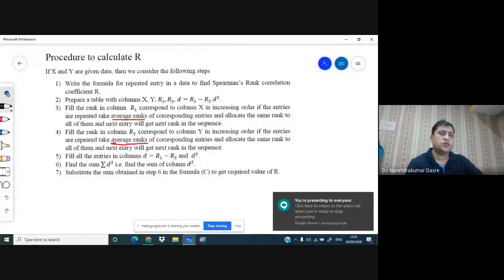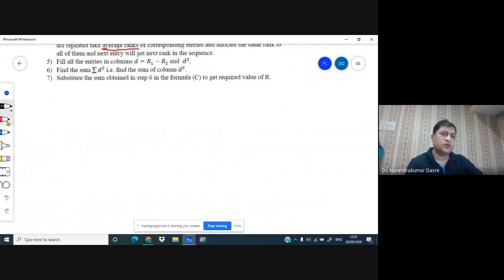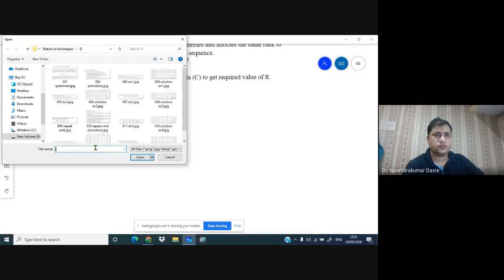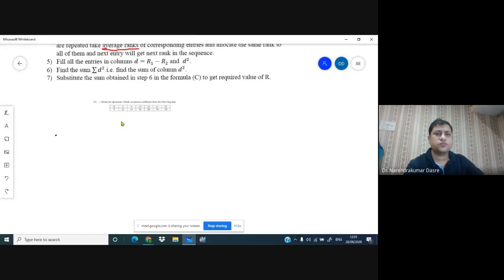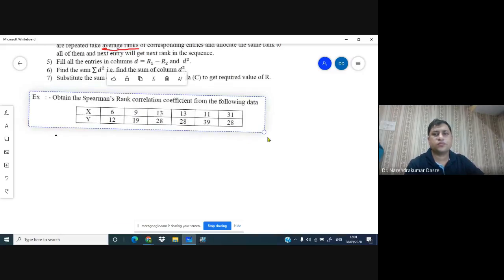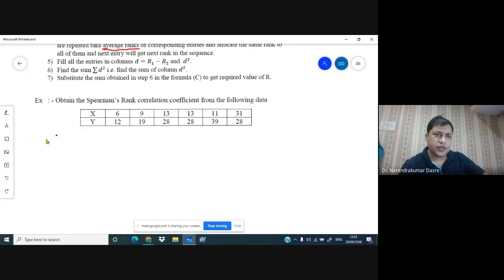So now we'll have the example. See here, we have the next example: obtain the Spearman rank correlation coefficient from the following data.